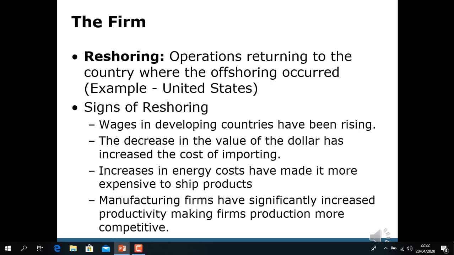Here, the signs are wages in developing countries have been rising, and the decrease in the value of the dollar has increased the cost of importing. Increases in energy costs have made it more expensive to ship products, and manufacturing firms have significantly increased productivity, making firm production more competitive.